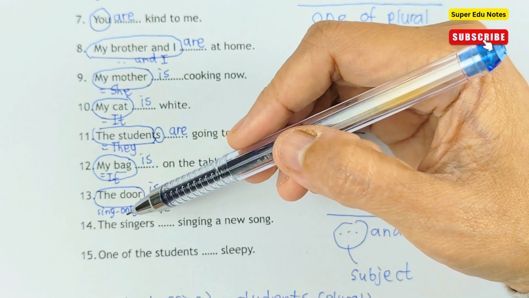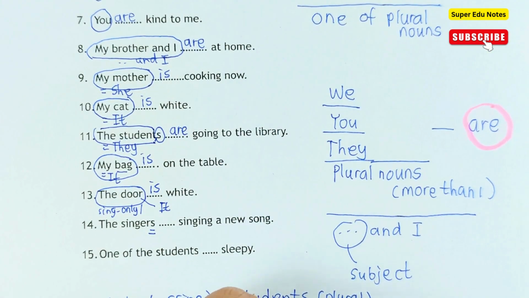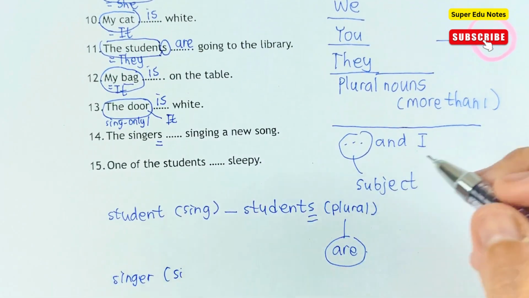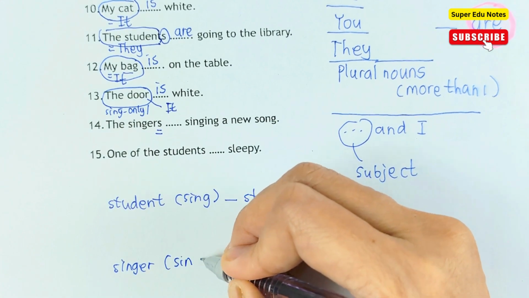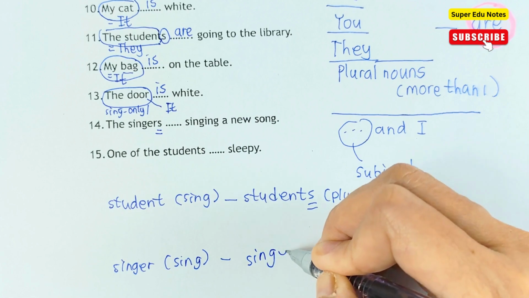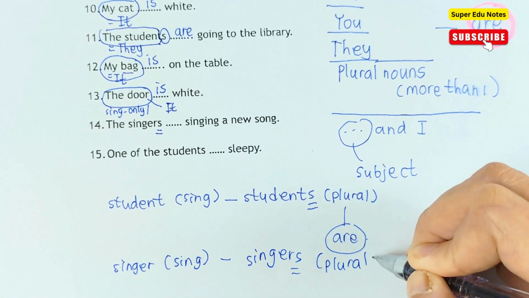Number 14. The singers. Look, there is S. Singer is singular, only one, and then singers, plural.